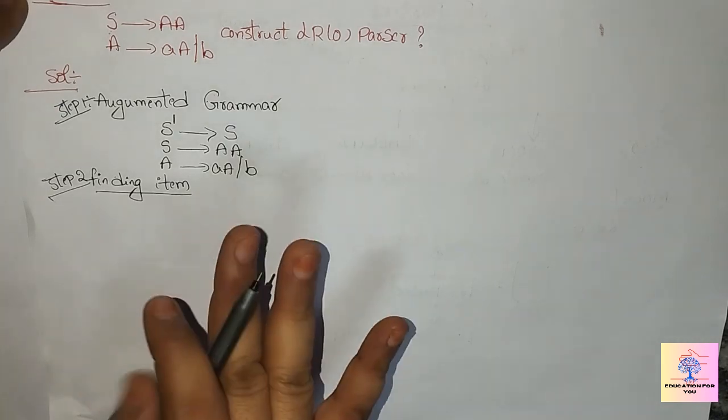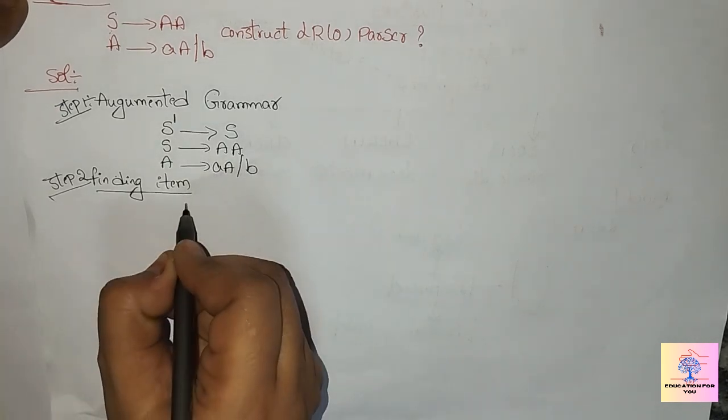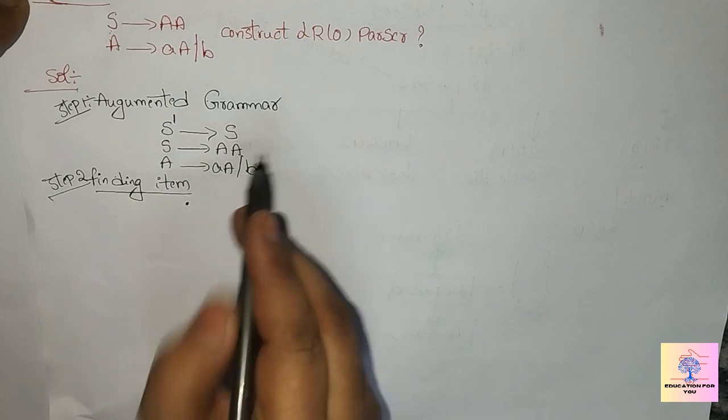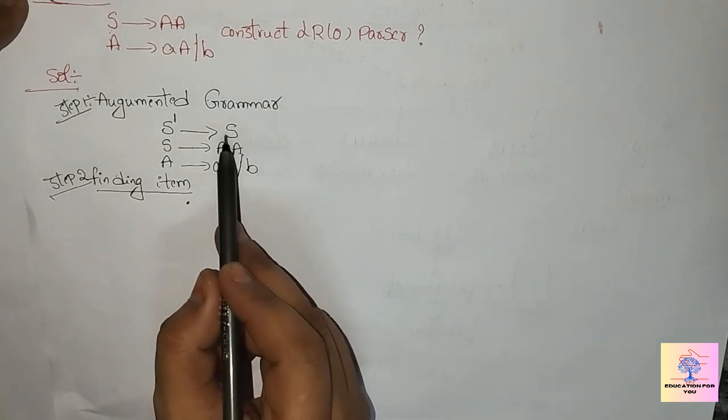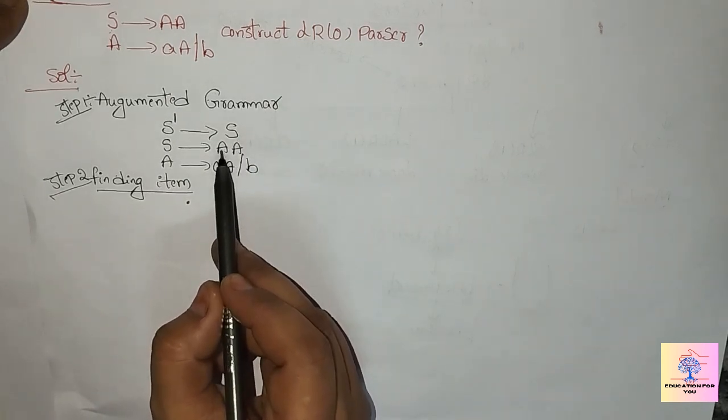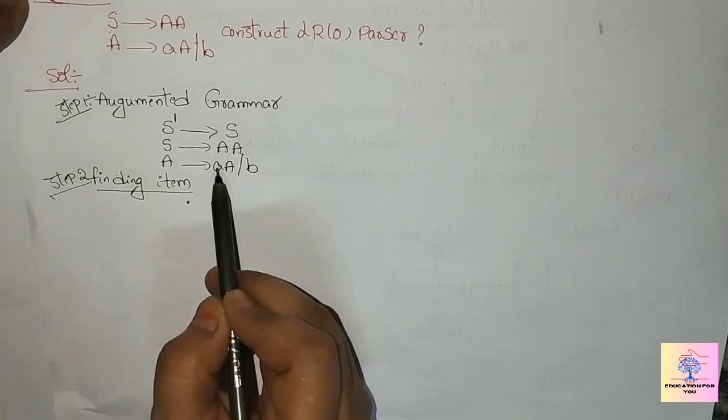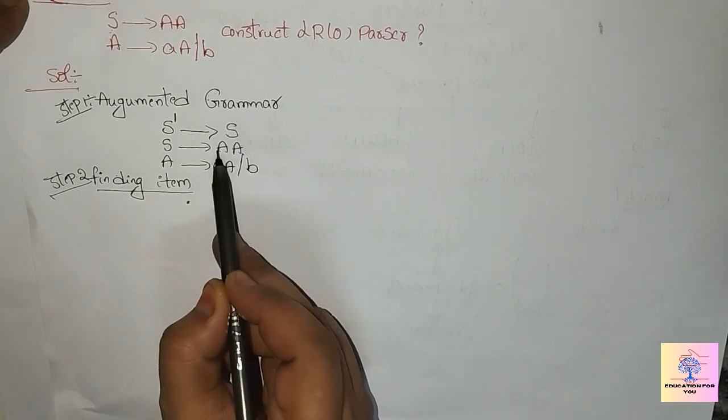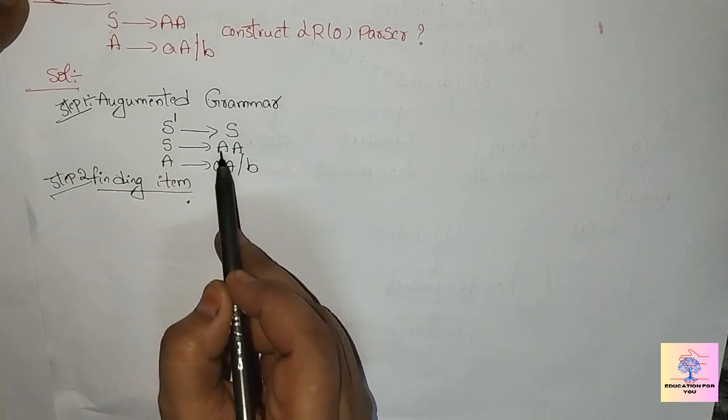Finding the item means just introducing the dot symbol at the right hand side of each and every terminal or non-terminal symbol.